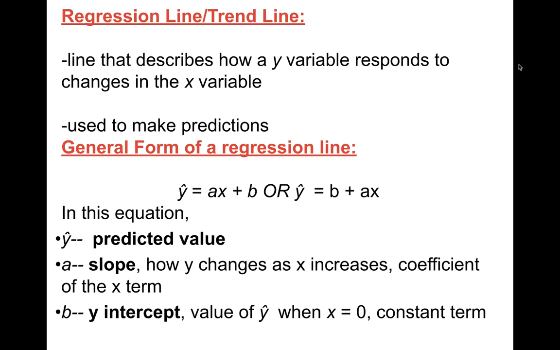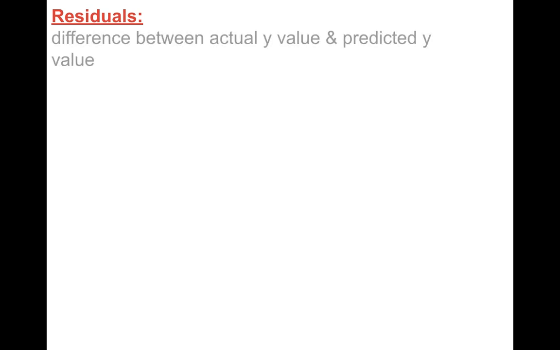Now, like I said, a regression line is used to make predictions. Sometimes our predictions will match up with what actually ends up happening, and sometimes our predictions won't match up with what we think is happening. When the predictions don't match up with what actually ends up happening, we have what we call a residual.